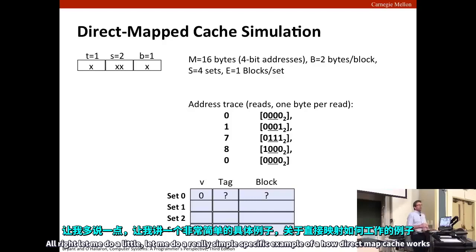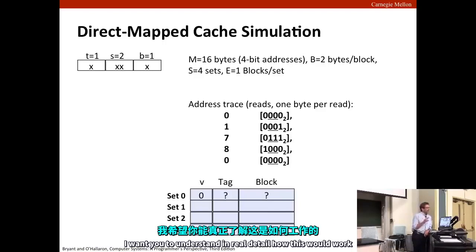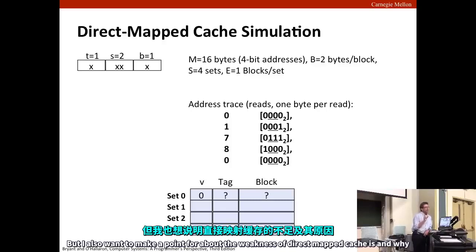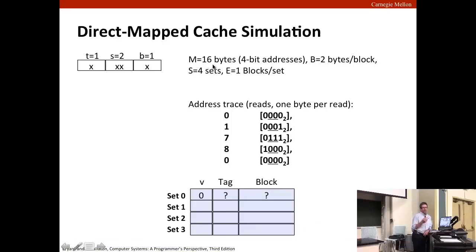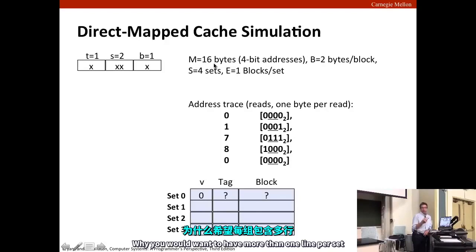All right, let me do a really simple, specific example of how a direct map cache works. I want you to understand in real detail how this would work, but I also want to make a point about the weakness of direct map caches and why you would want to have more than one line per set.